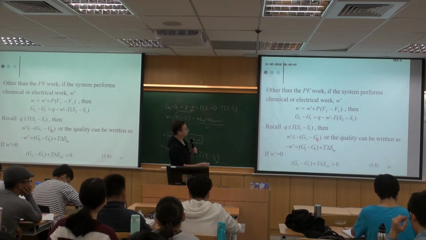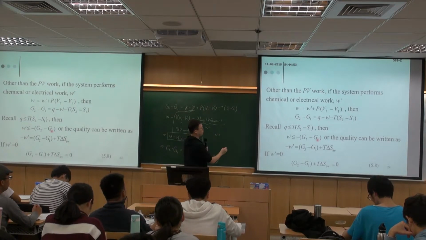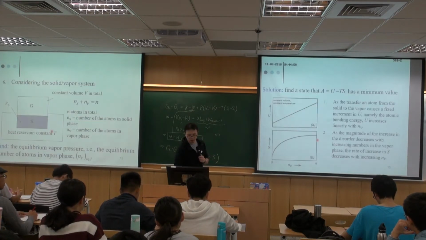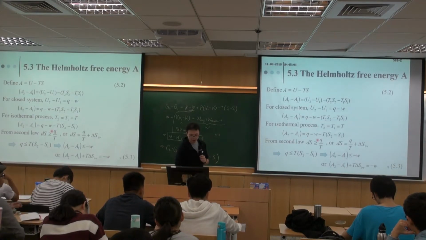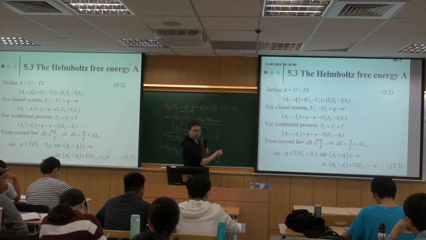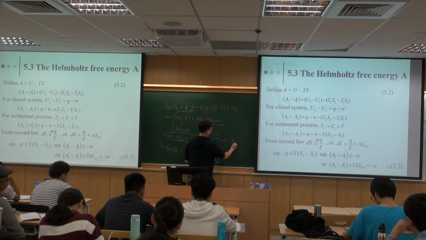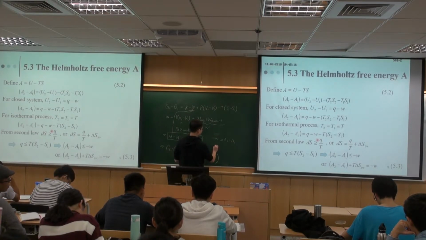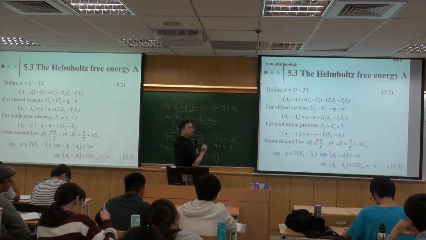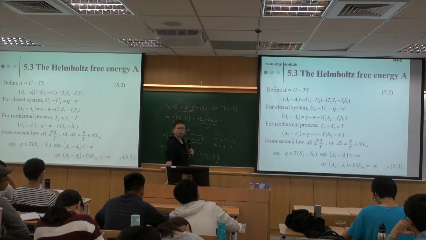Because for Helmholtz free energy, if you still remember, we have a similar thing. Let me go back. The work done by the system, let's say this is minus W, is greater than A2 minus A1. Or we can multiply by a minus sign here, and if you multiply both sides by a minus sign, you have to flip the sign of the inequality.